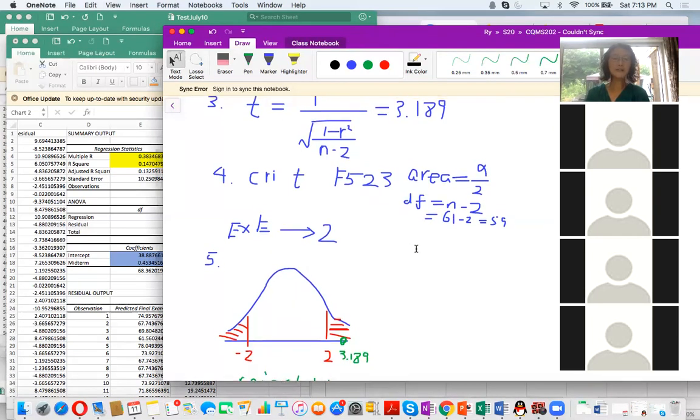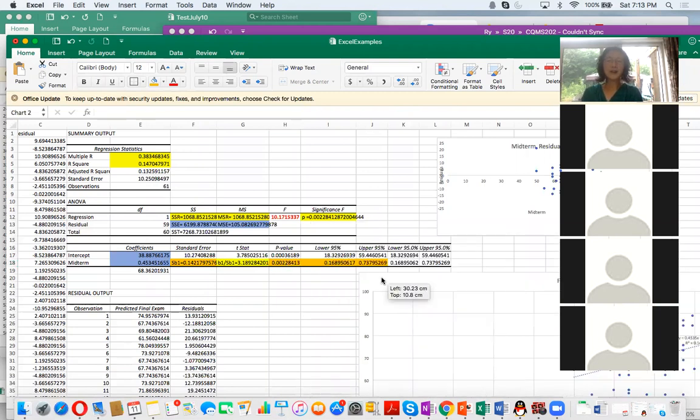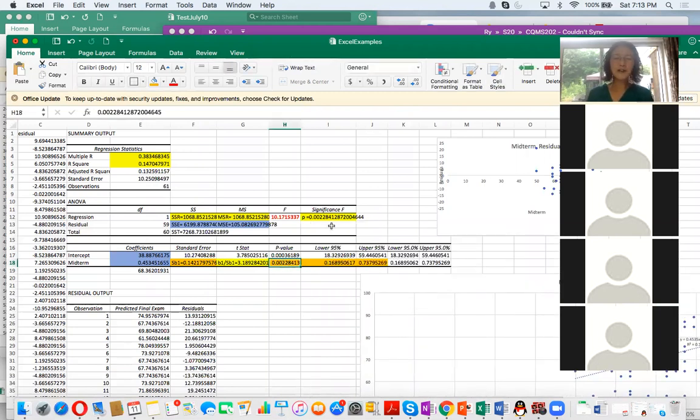You could use the p-value method. Where is the p-value? It is here, see? P-value 0.002. Based on the p-value method, you reject H0. Okay. Some students may ask, why do you have 2 p-values here? You have 2 test statistics. You have the F test statistic. You have the T test statistic.